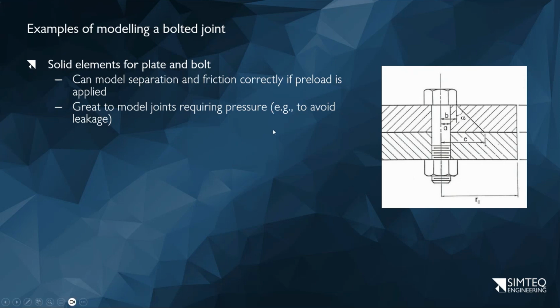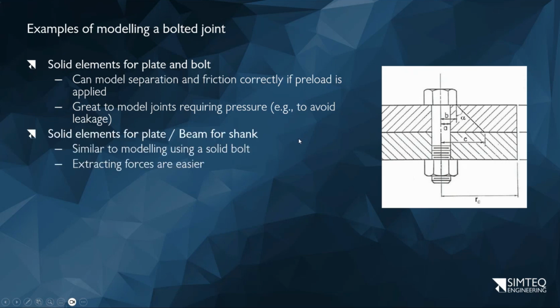This is a great way to model that. It's not such a great way to determine whether or not the bolt will fail, because again, looking at the stresses on the bolt is a very crude representation of what actually happens in the bolt. So what we'll need is to extract from the solid model now the forces, possibly moments and so on, and then use an external calculation to determine whether or not it will fail.